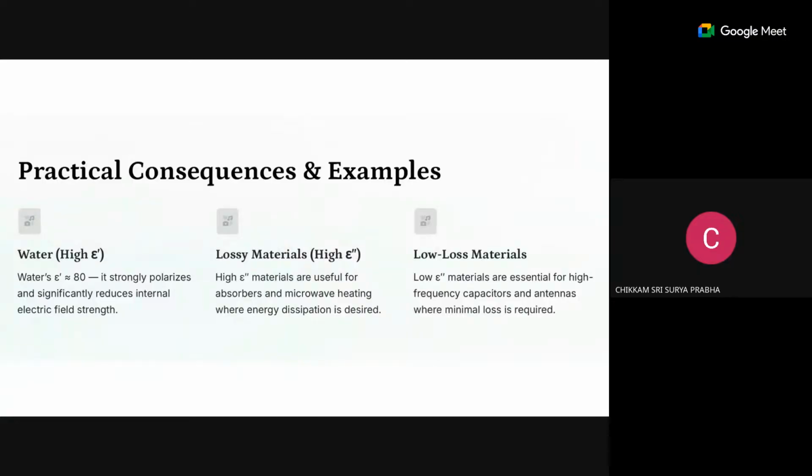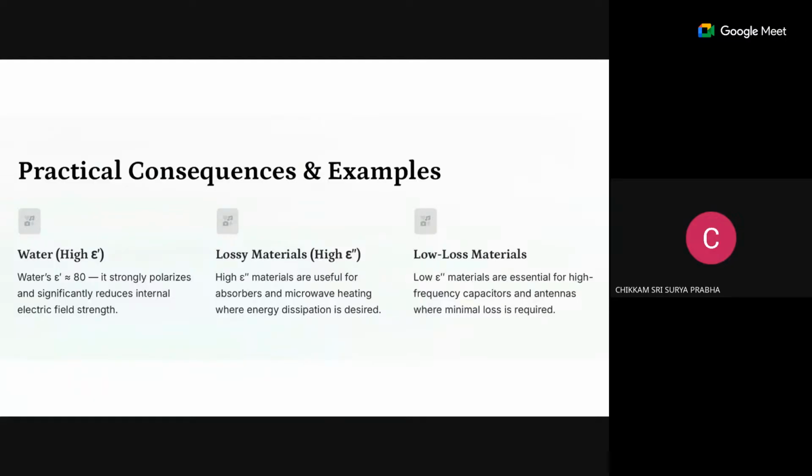Now we have some practical examples. We all know that water has a higher epsilon dash value, approximately equal to 80. So water can strongly polarize, which significantly reduces the electrical field strength.